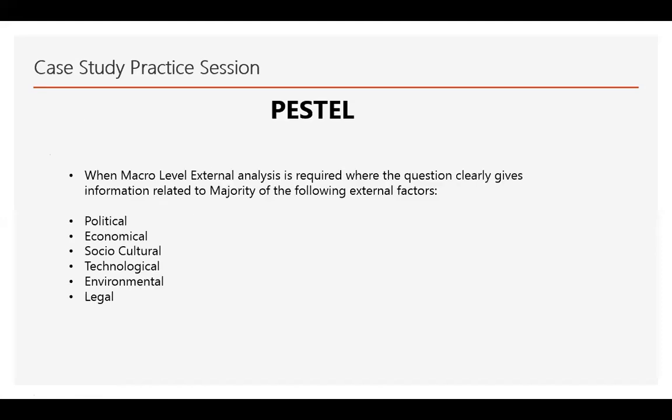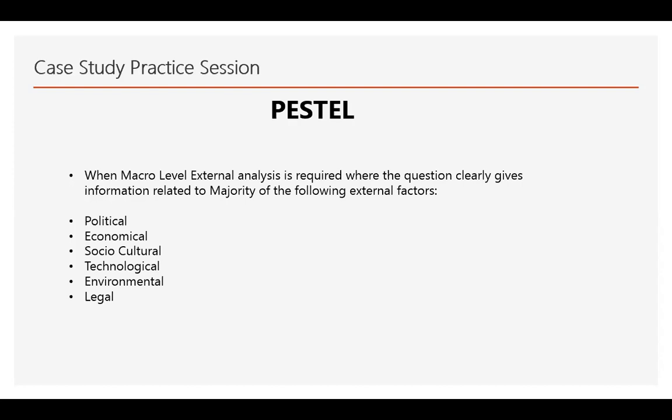As all of you know, Pestle is basically a model that helps in analyzing the macro level external environment of any organization. So when to use this model? It's very understandable that whenever the strategic position of a company has to be analyzed considering its macro level factors, then this is the model that should be used.